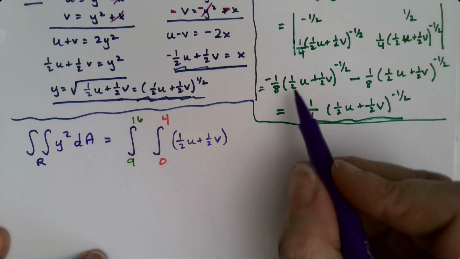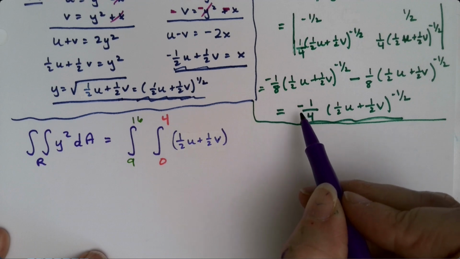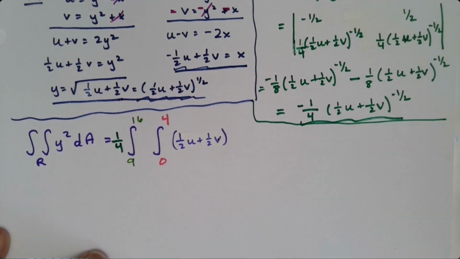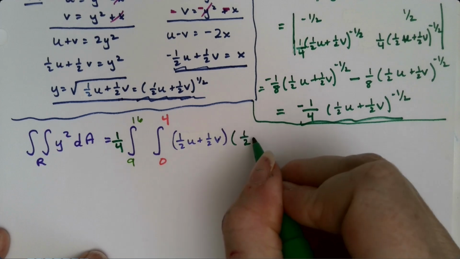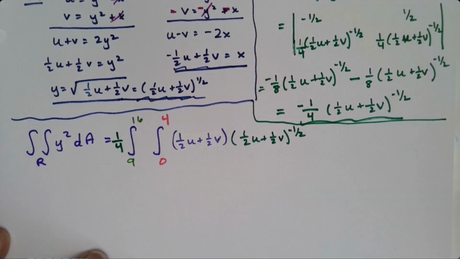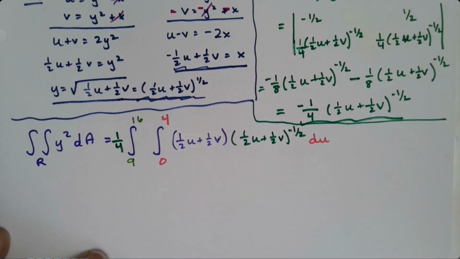If I take the absolute value of this, the negative 1/4 will become positive 1/4, and it's just going to go out in front. And then my Jacobian is everything else that's left. So 1/2 u plus 1/2 v to the negative 1/2. And then I'm going to have du dv. Because u involves 0, that'll be a little easier to do. So there we go.